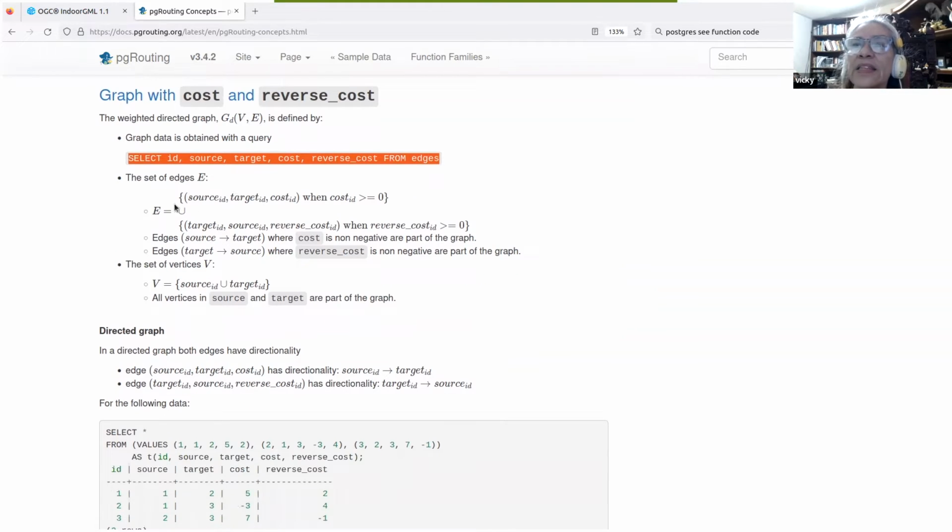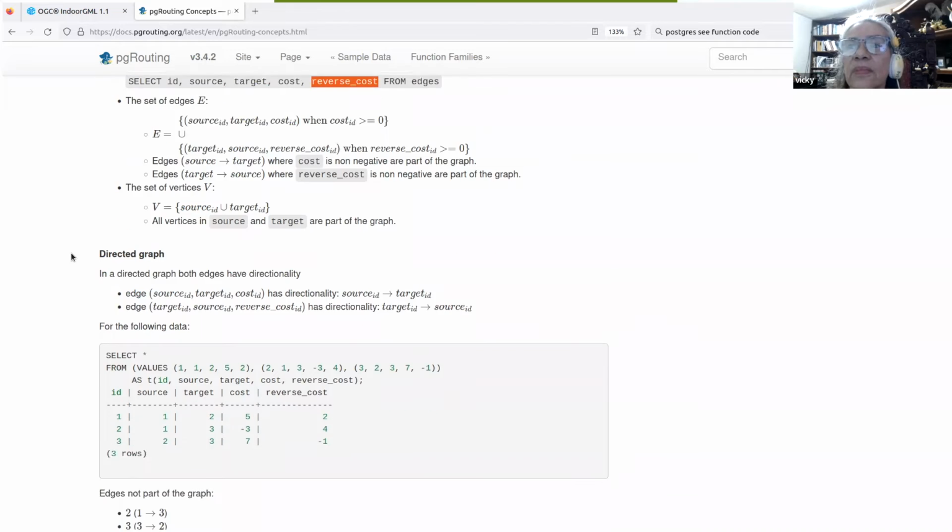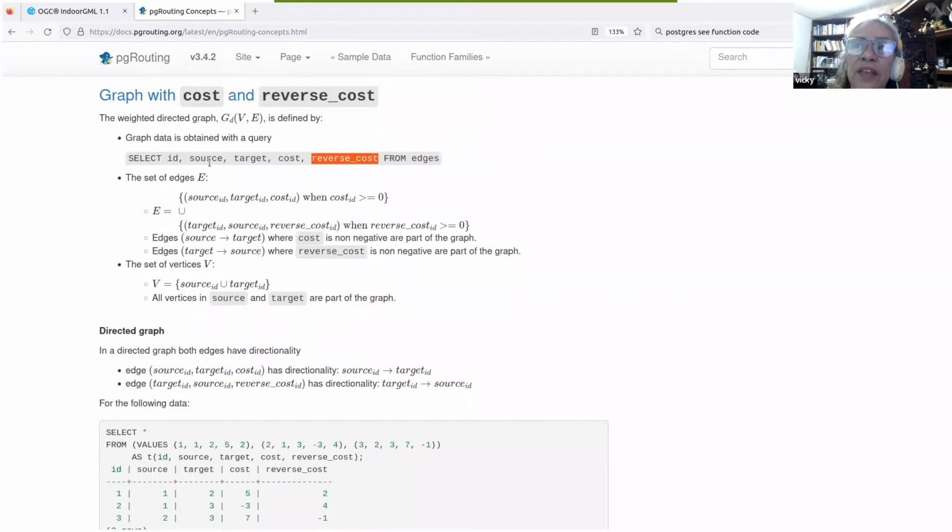And the edges are going to be the set that has source, target with this cost when cost is positive, and the edge target, source with this value also when reverse cost is positive. Otherwise, the edge will not exist. Again, the vertices of the graph is going to be the union of the values of source and target.